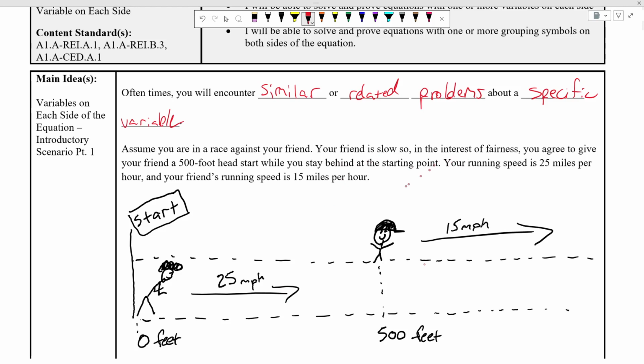Now, because you are faster, it should be fairly intuitive that eventually you're going to pass him up. Your running speed is 25 miles an hour. His is 15 miles an hour. You will eventually pass each other up because there is such a significant difference in your speeds.